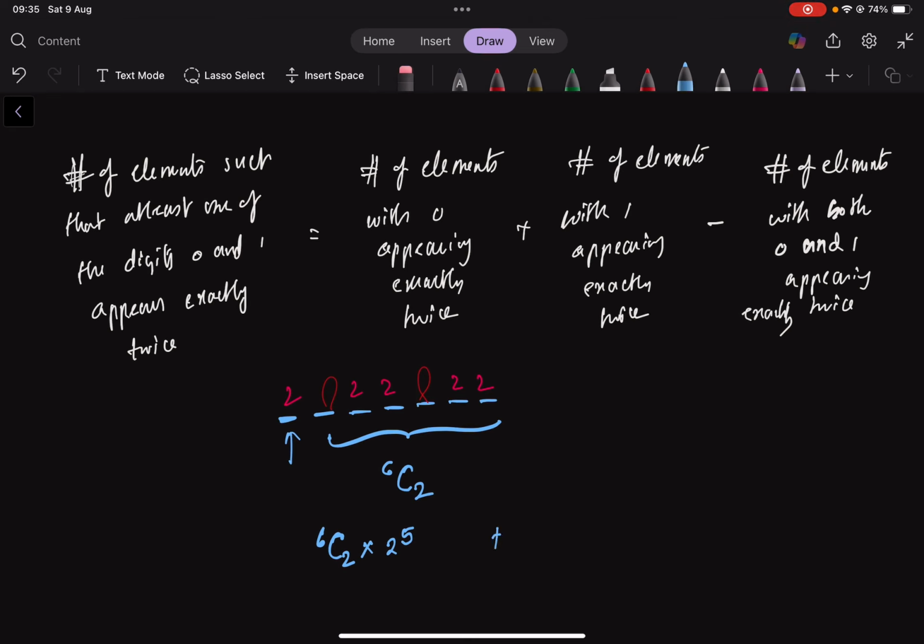in this case 1 is appearing exactly twice. Now if 1 is appearing exactly twice, the number can start with 1 or it can start with 2. If it is starting with 1, out of the remaining places we need to choose 1 place to keep the other 1, and the remaining 5 places can have either 0 or 2.